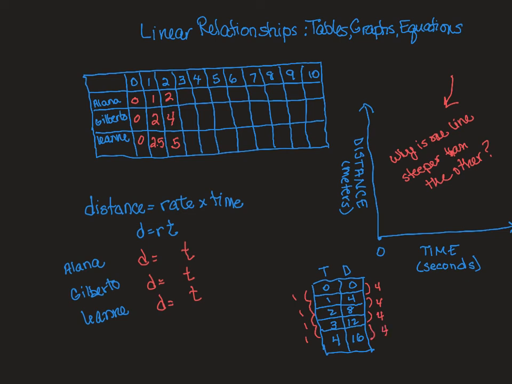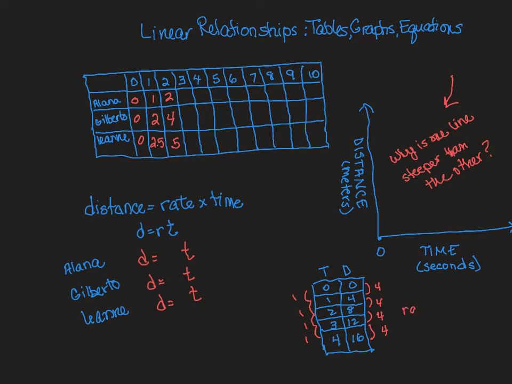Okay, so in the quiz for this section, you're going to have to decide if the table that I have in the quiz is a linear relationship. I'm also going to ask you what the rate of increase is. Okay, so I want to make sure we understand what that is.